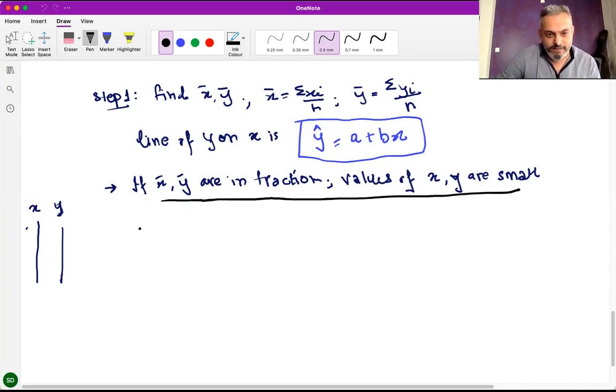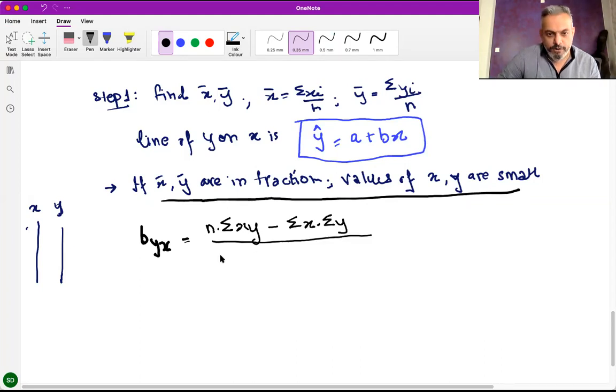in that case, b, or b y on x, is equal to n sigma xy minus sigma x into sigma y upon n sigma x square minus sigma x the whole square.